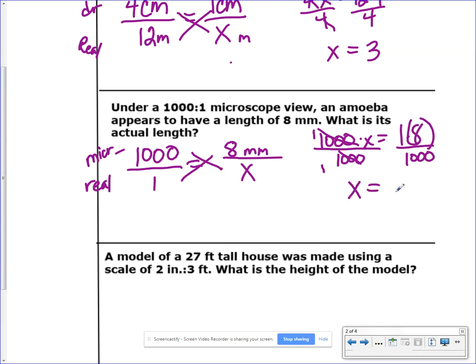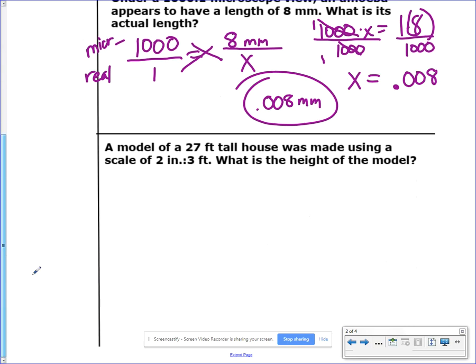And you get 8 thousandths, or in other words, as a decimal, 0.008. That's 8 thousandths. So what is the actual length? The length is 8 thousandths of a millimeter. Holy cow, that's tiny. No wonder we're using a microscope.